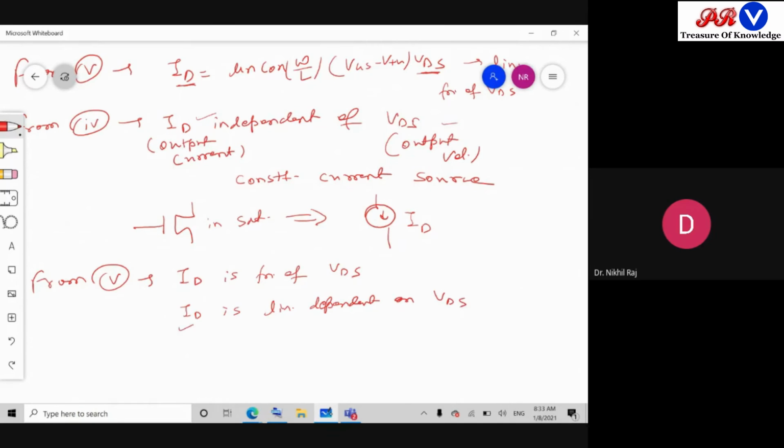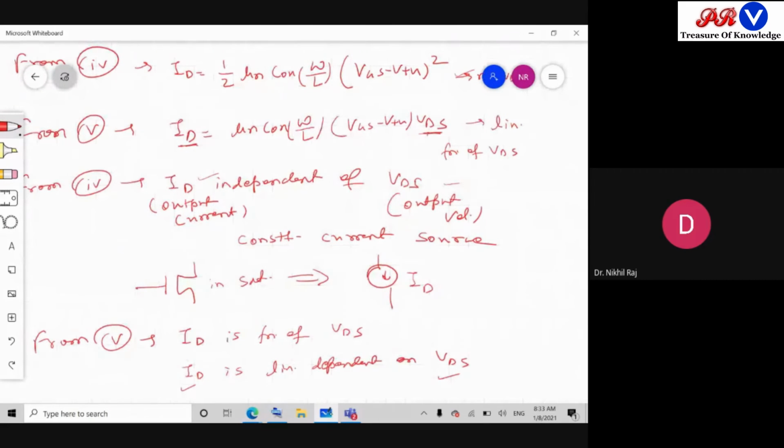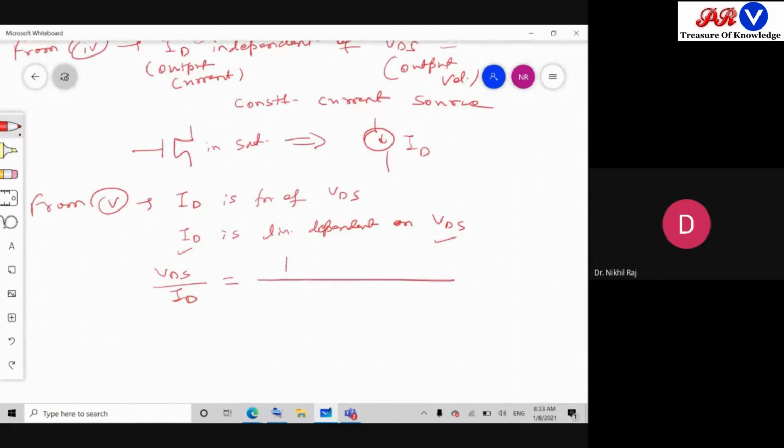So it is output current and output voltage. So if we take the ratio of VDS by ID, what we'll get here? This factor will come into the denominator part. So I'll get here 1 by mu n Cox W by L into (VGS minus VTH).